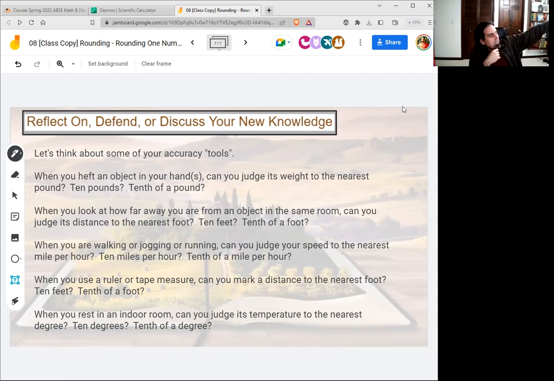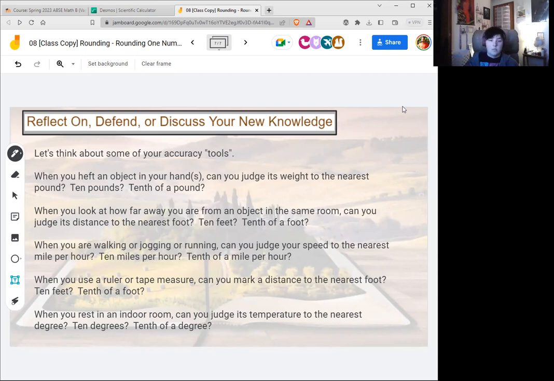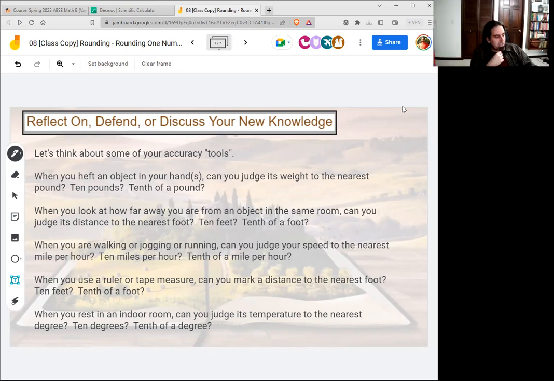Or if you look at something across the room, maybe even a big room, can you say how many feet away it is, or tens of feet, or tenths of feet? Or if you're jogging or running, how good are you at knowing speeds? Can you tell when you're on your bicycle what nearest mile per hour you're at?